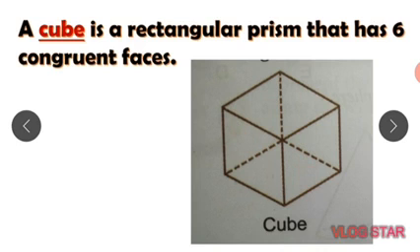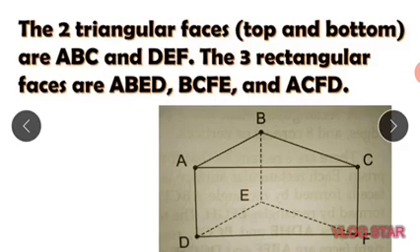So 6 equal or 6 congruent faces, and it means that a cube also has 3 pairs of parallel faces, 12 edges, and 8 corners, the same with rectangular prism. The only difference is cube has 6 congruent faces.